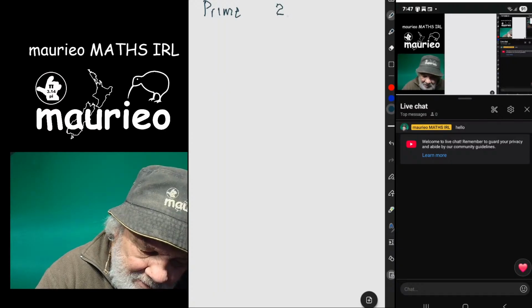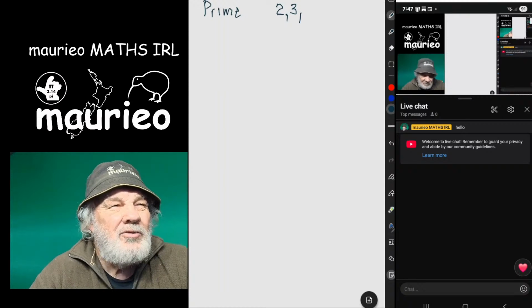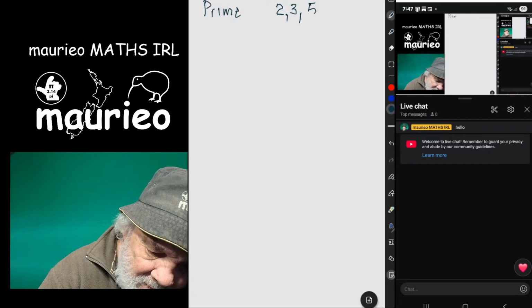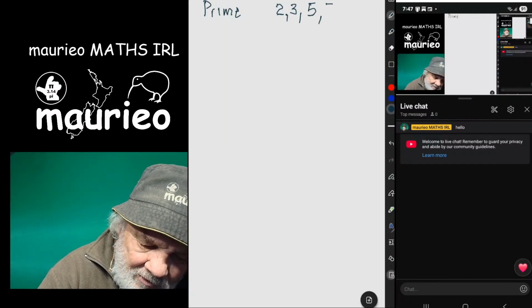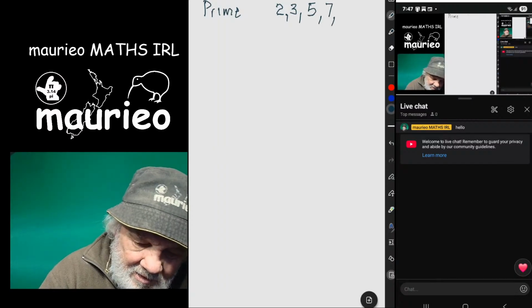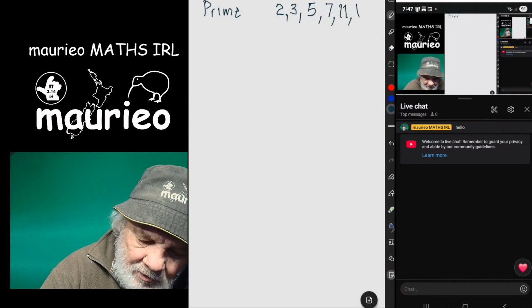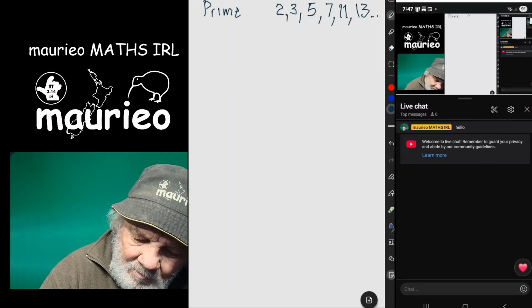Some numbers, like 2, 3 and 1, only have themselves and 1, not 4, because we can have 4 times 1, 2 times 2. Then 5, 7, and the next one's 11, then 13, and so on.